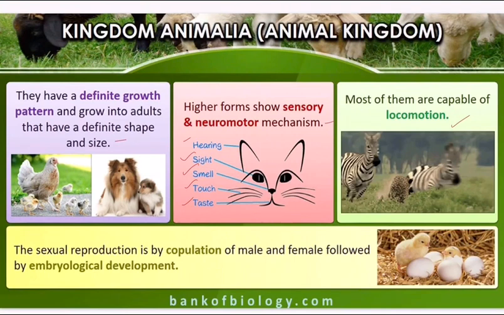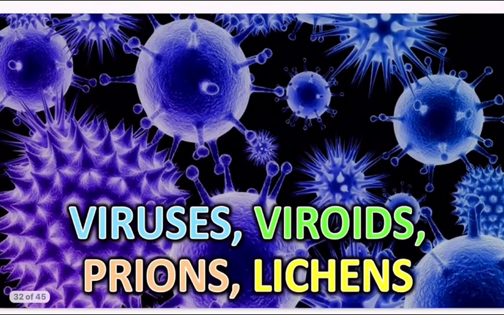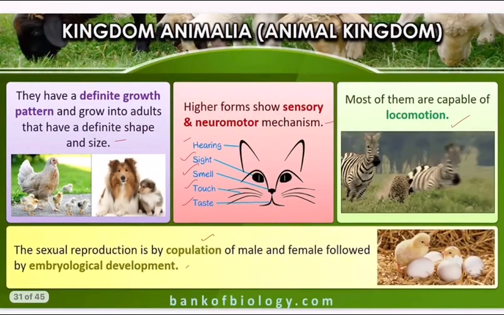Most of them are capable of locomotion. They have very good muscles and bones that help in moving from one place to another place. The sexual reproduction is by copulation of male and female, followed by embryological development, the formation of embryo. So this is how the animals move ahead.